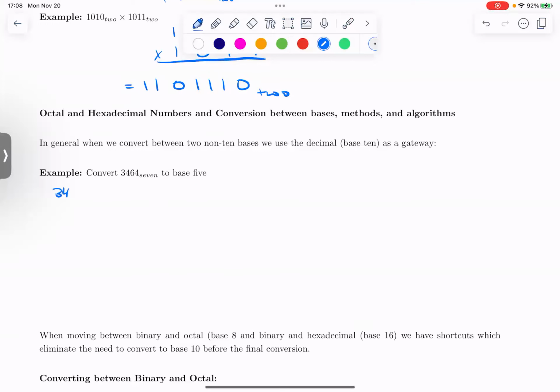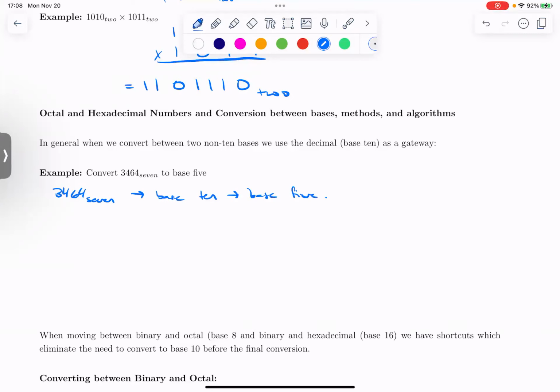So 3, 4, 6, 4, base 7 to base 10 to base 5. Should use words. Base 10 to base 5. Or do you have some secret method? No?